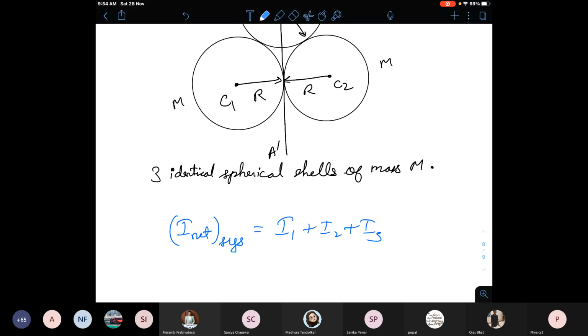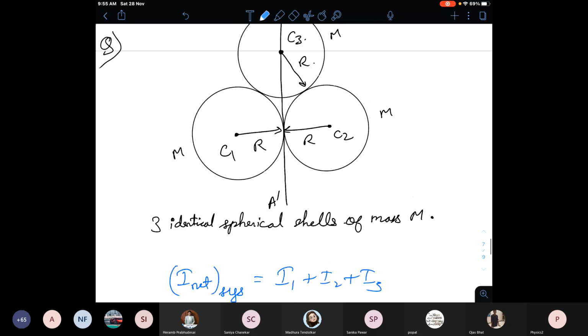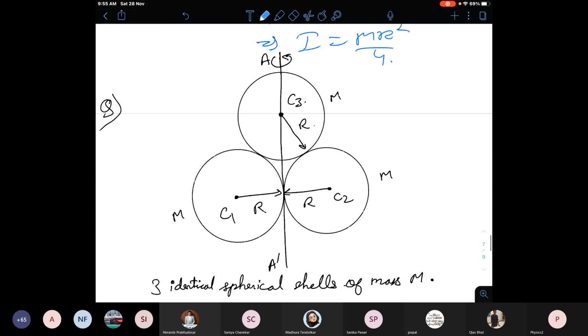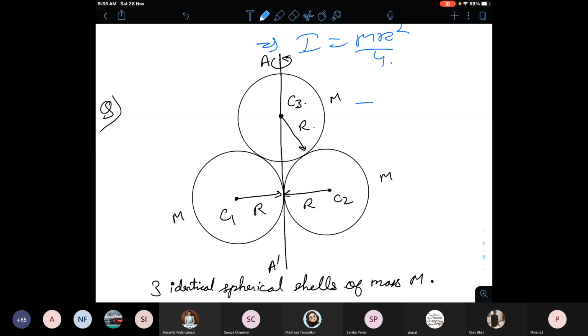Why? Because it is a scalar quantity. So if you individually calculate the moment of inertia about the given axis, then you just have to add the values. Now let's talk about I3 first. When I'm talking about I3, the axis a dash is passing through the center of mass.